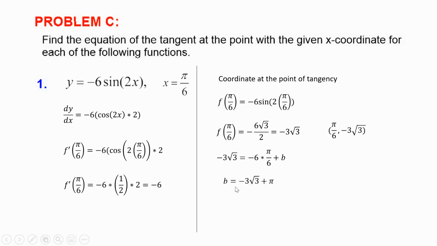So, of course, that would be the b. If you multiply, this just gives you minus pi. Add that to the other side. So what we have as a b is this, and therefore, that's our equation: y equals minus 6x minus 3 root 3 plus pi. Okay? And that is all we need to say about that question.